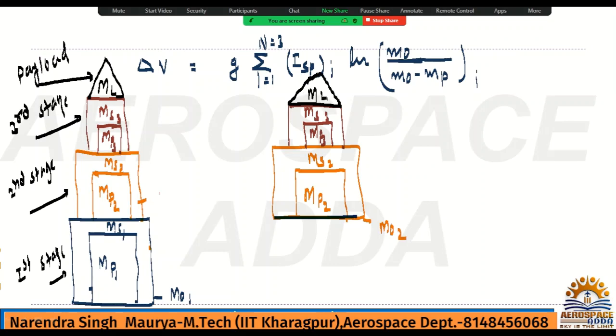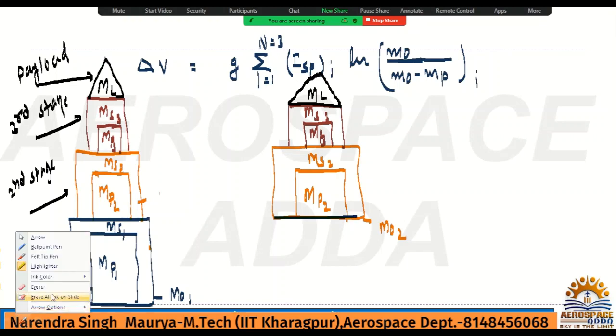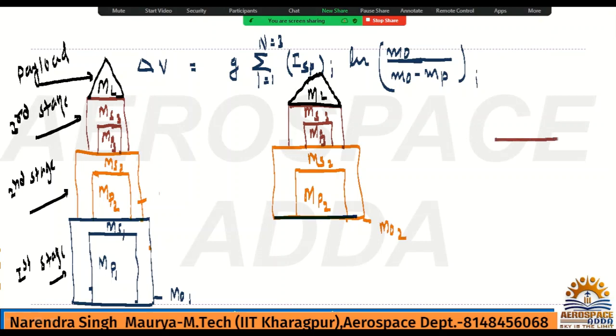ML. Now if the second stage is removed, then what will happen? Then you will have only this part, the third stage.